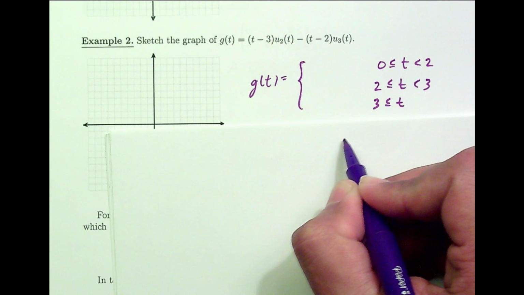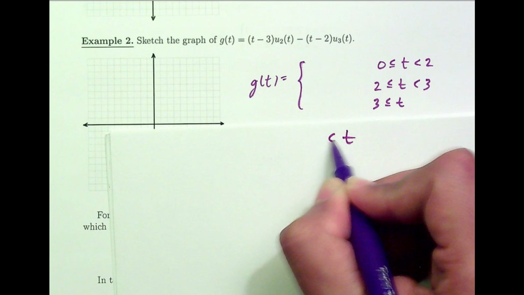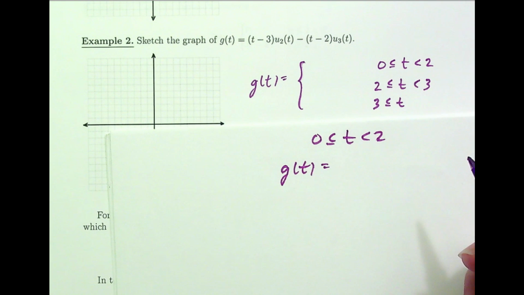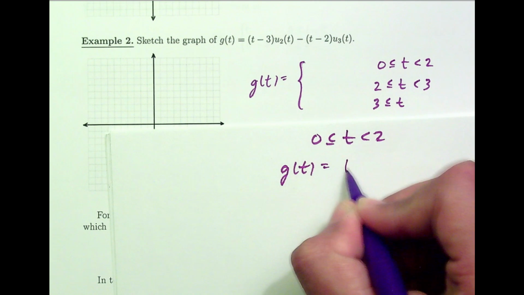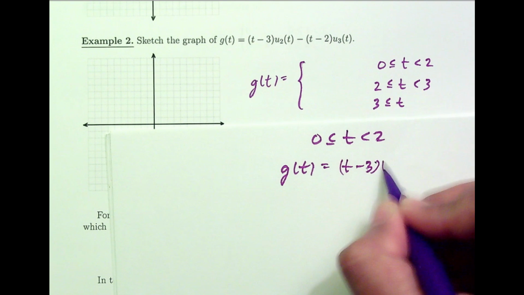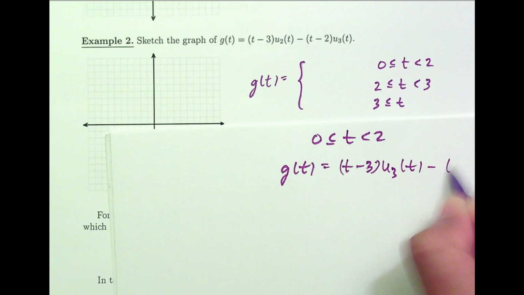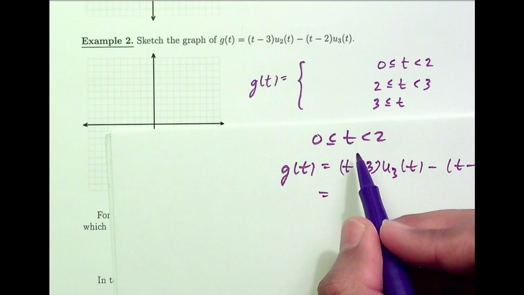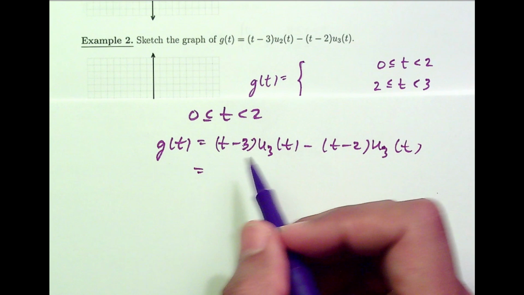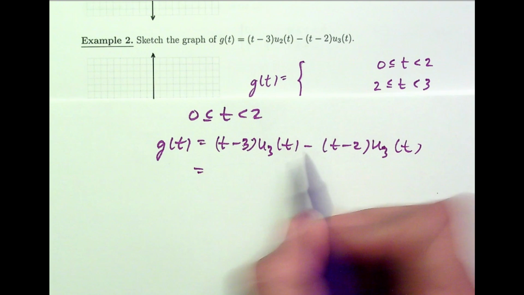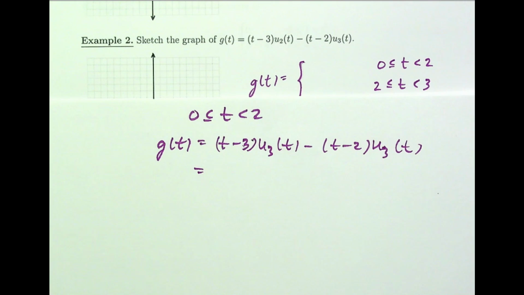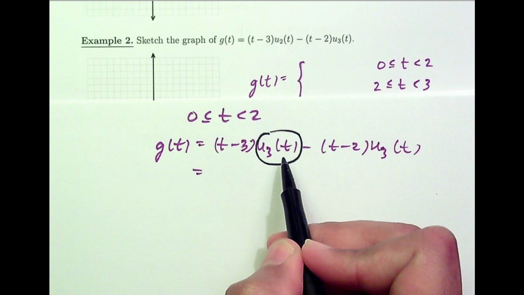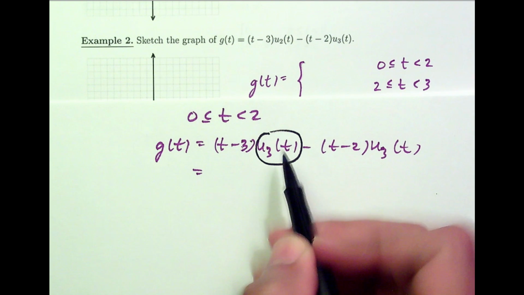So if I choose a number between 0 and 2 and I plug it in g of t, this is what you get, but now we're going to simplify it. If t is between 0 and 2, then this actually right here is 0. Oh, that should have been a 2, my bad.